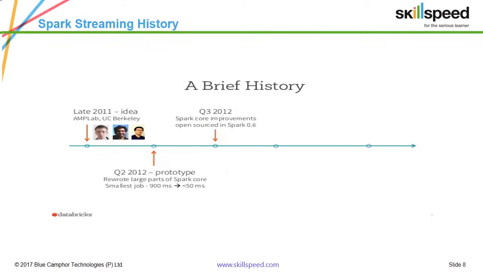Then in quarter 3, the core improvements and open source functionality of Spark came, and in February 2013 we got the alpha release. In January 2014, we started getting a stable release of Spark along with Spark Streaming. This slide is taken from Databricks, and this is the brief history of Spark and Spark Streaming.